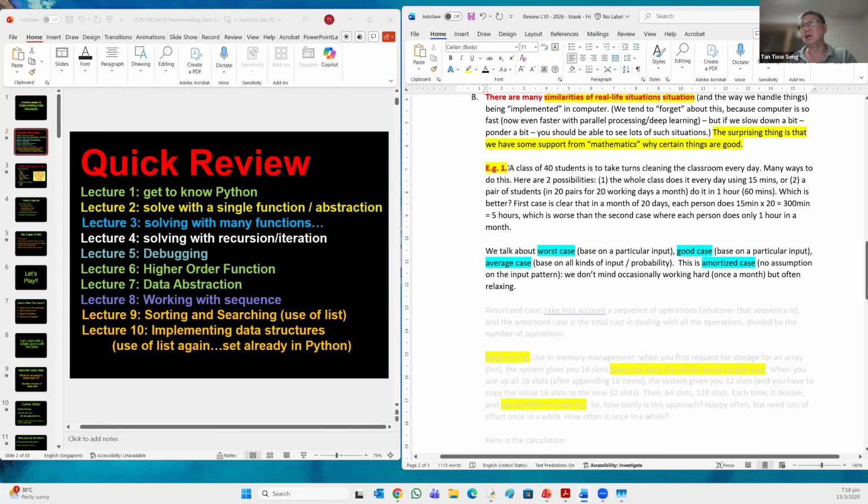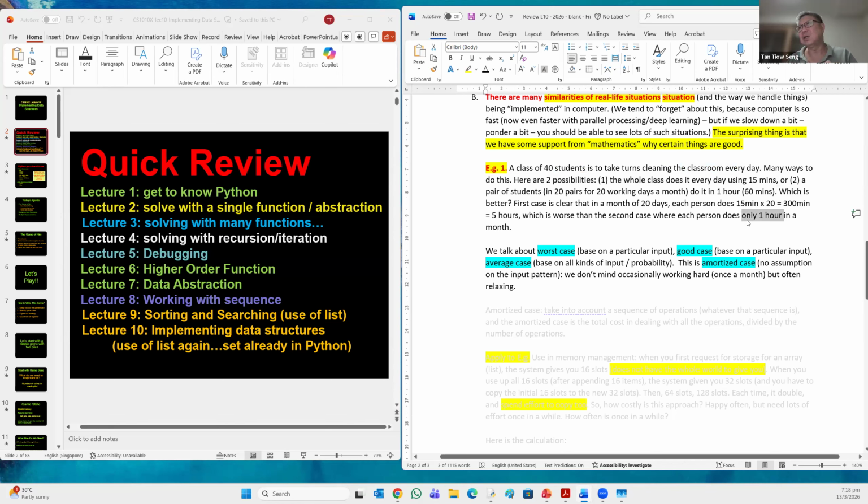So in this case, if you talk about students, each one is spending 1 hour, right? You have 40 students, and there are 20 days. Out of 20 days, you only work on 1 day or 1 hour.